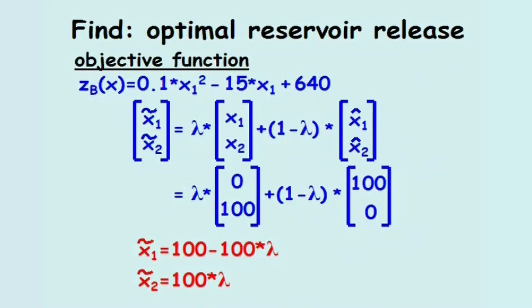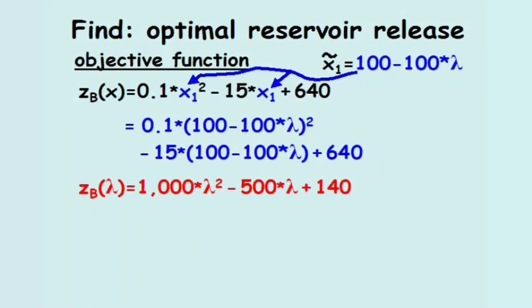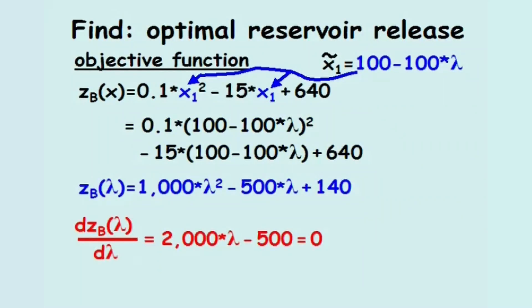Next, we'll plug in this new value of x1 tilde into the objective function for region B. Solving for z as a function of lambda, we get z equals 1000 times lambda squared minus 500 times lambda plus 140. If we set the derivative of z_B of lambda with respect to lambda equal to 0 and solve for lambda, we compute lambda equals 0.25.